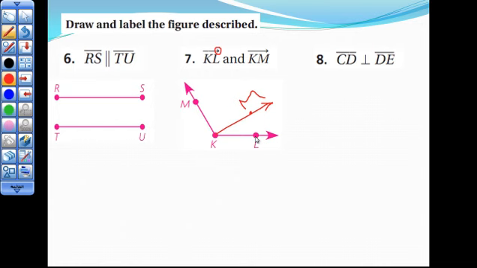After that, start from the point D to the point E. Join them, and you will get a perpendicular like this. If you do it, you are right, you are smarter, you have a good imagination.